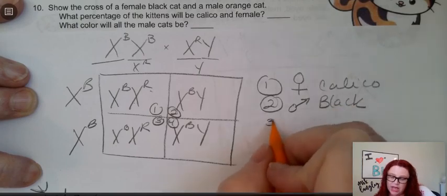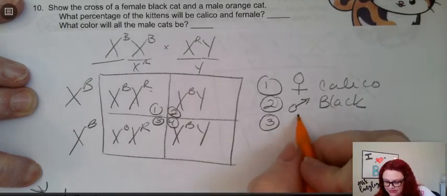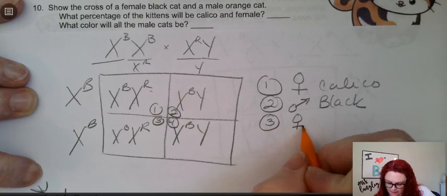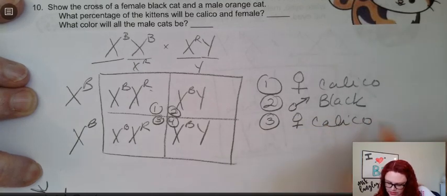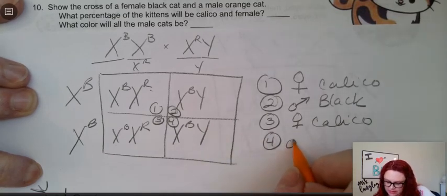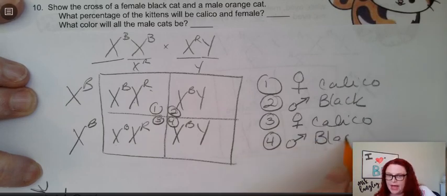For number 3, I have 2 X's. That means female. I have a B and an R, so that means calico. And number 4, I have an X and a Y. That means male, and I only have a B, so that means black.